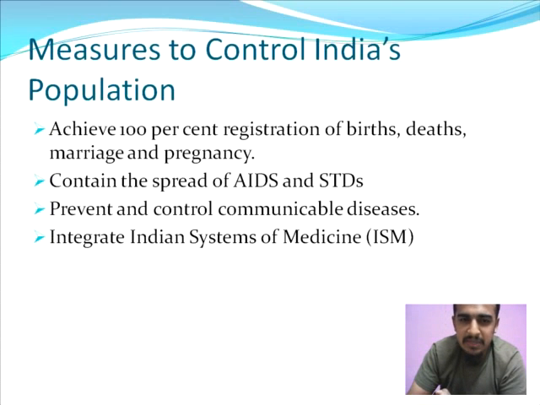Contain the spread of HIV, AIDS, and STDs. HIV, human immunodeficiency virus; AIDS, of course, acquired immunodeficiency syndrome; STDs, sexually transmitted diseases. You should really read a lot of articles published in Open Magazine that talk about how the prostitution racket runs in the country.